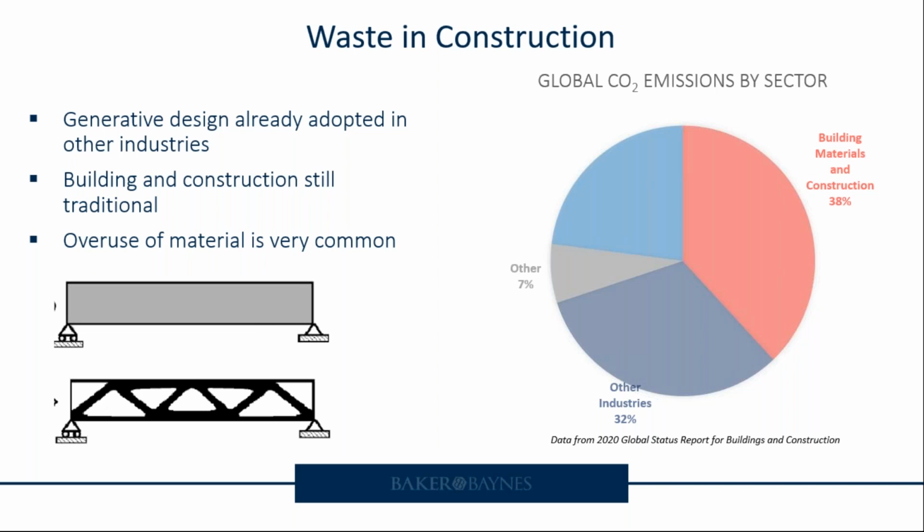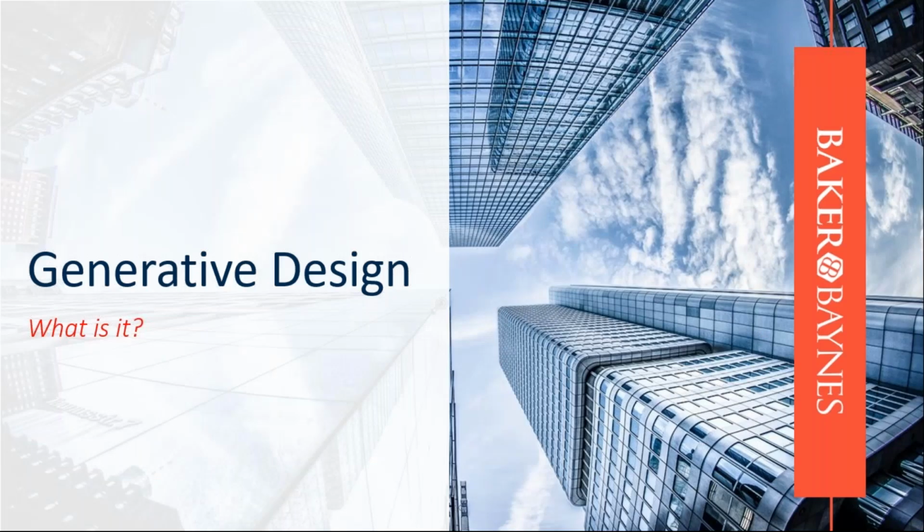And this 38% includes carbon emissions generated during the production of the construction materials, as well as the actual construction activities themselves. So there's a big opportunity for us to reduce the amount of building material that we use, such as concrete or glass or steel. And concrete is perhaps the biggest culprit because cement production is highly intensive, but that is a topic for another day. Today we're talking about generative design.